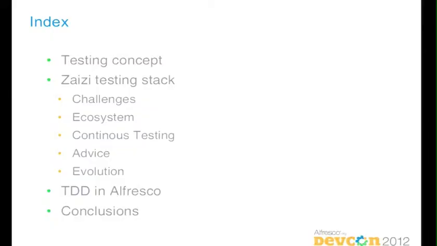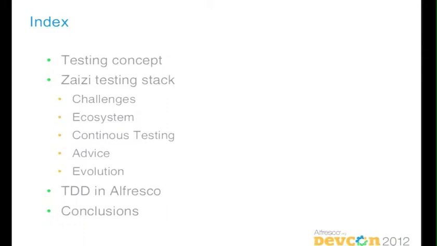So let's go to the index, all the things that we are going to talk about. First of all, we are going to talk about the testing concept, because testing is something that almost no one likes. I'm going to explain why it's important. Then we are going to talk about the main part, which is the stack that we have built in order to assure quality and continuous quality assurance automatically.